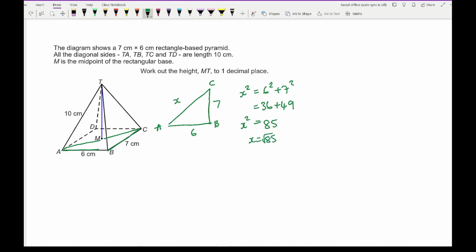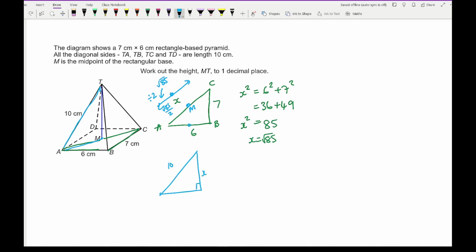Now from this, if I then take this blue triangle, I need to know two of the lengths. Now AM is half of this, so M is here. So all of this is root 85, then half of that is going to be root 85 over 2. So looking at that triangle there, I've got 10.